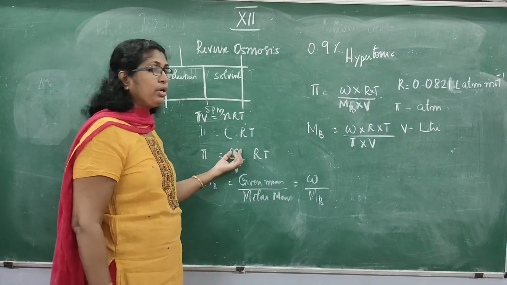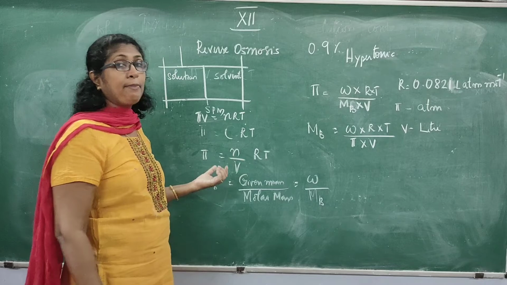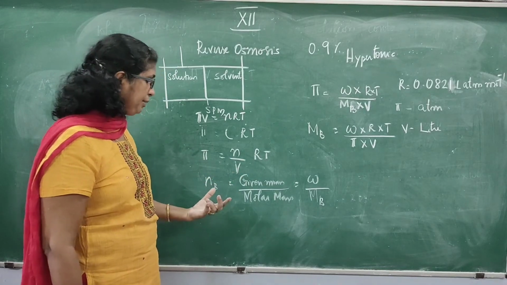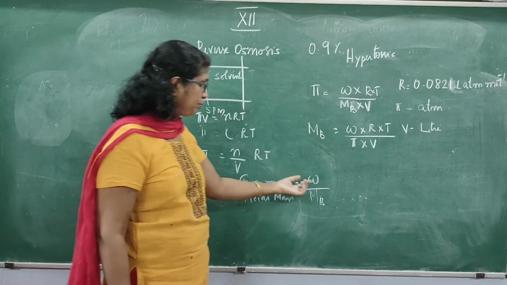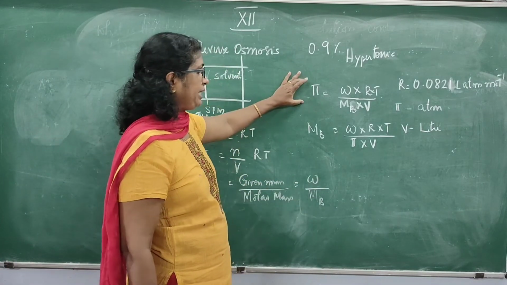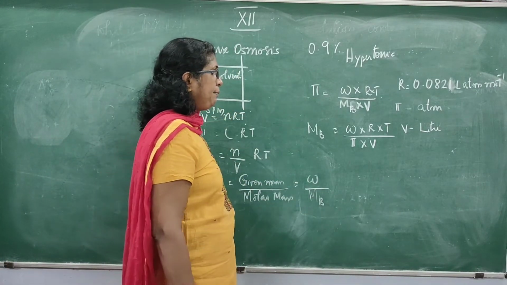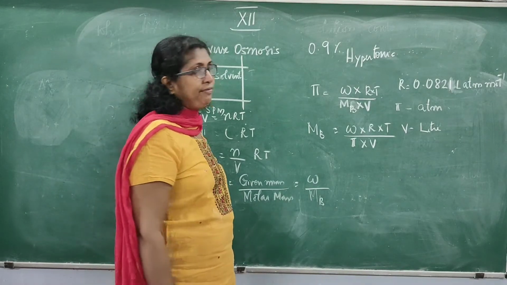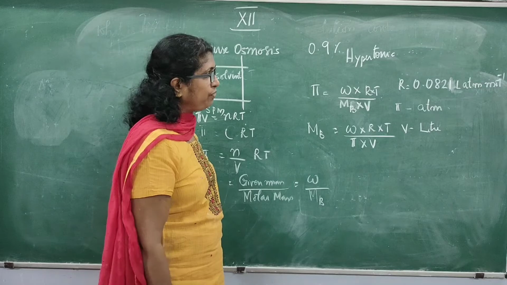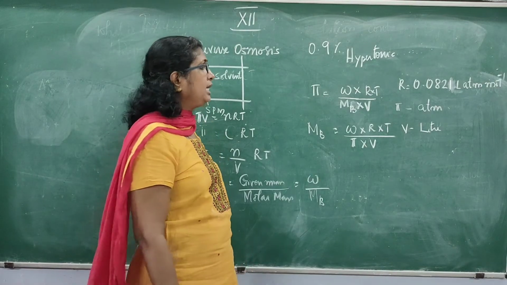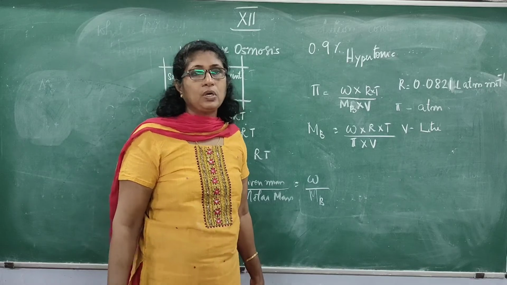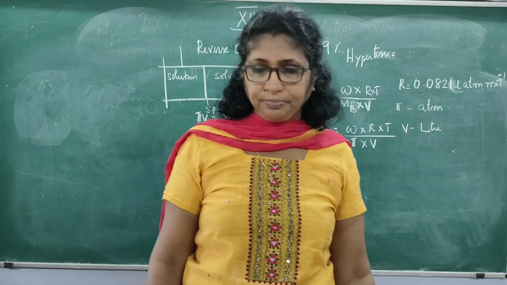Here n is the number of moles of the solute, and number of moles of solute is equal to given mass by molar mass, or small w by M B. So Pi is equal to wRT by M B into V, or M B is equal to wRT by Pi V. And I told you V must be in liters and the osmotic pressure must be in atmosphere. So this is osmotic pressure.